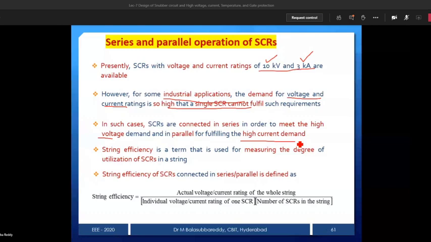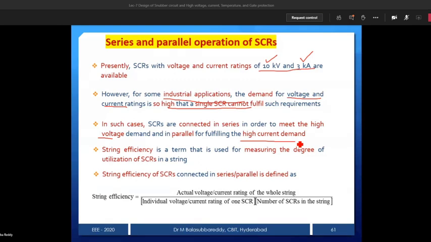If you want to find string efficiency when SCRs are connected in series, the formula is the actual voltage rating of the whole string divided by the individual voltage rating of one SCR times the number of SCRs connected in the string. That is the string efficiency formula for SCRs connected in series.